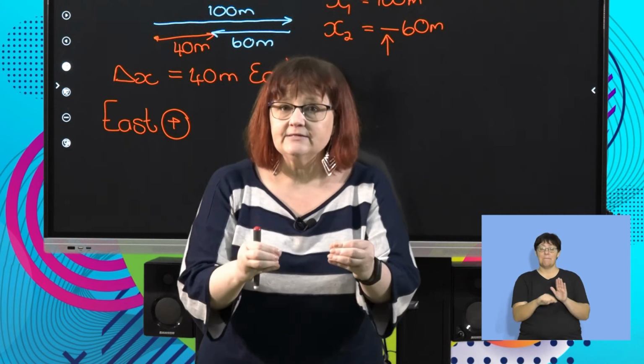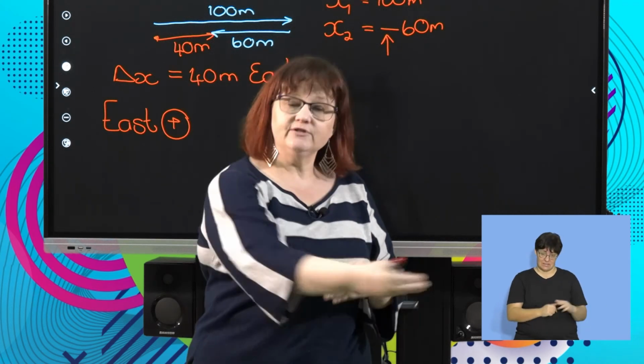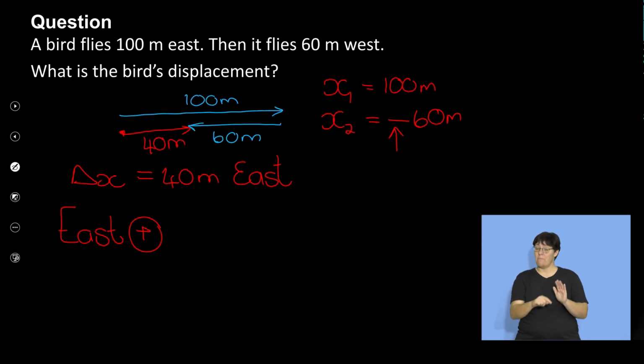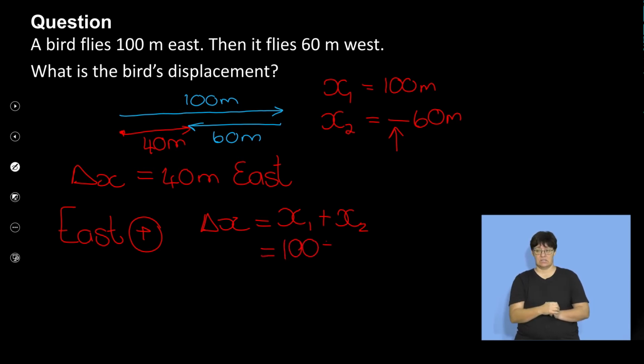That minus tells me I changed direction. So that minus is important. To calculate my change in x, I need to take my first distance and add it to my second one. So I have 100 plus minus 60. Now, if you need to use your calculators, use your calculators. I can do 100 minus 60.